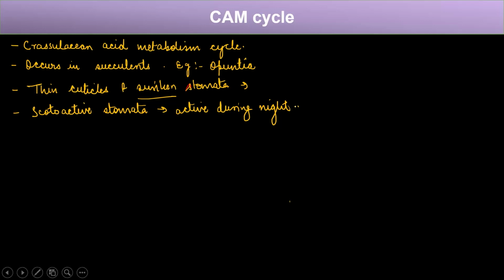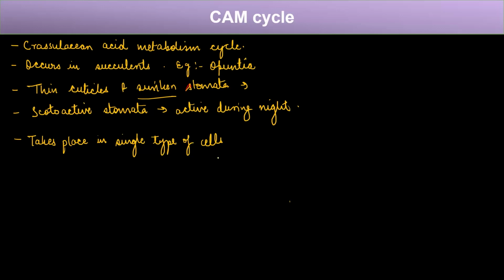But in the case of the CAM cycle, it takes place in a single type of cell, but at two times, that is during day and night.